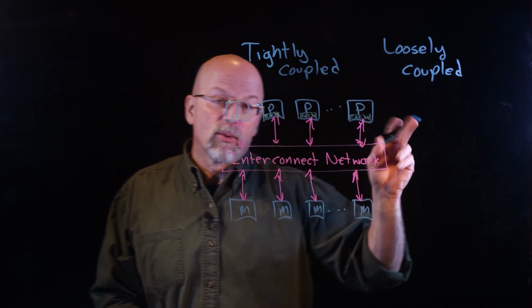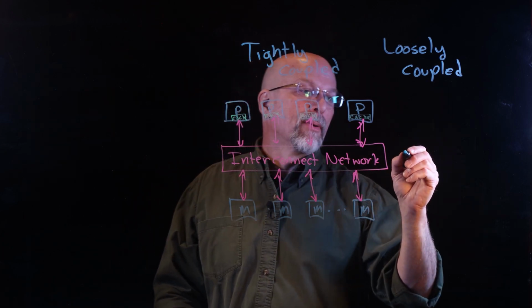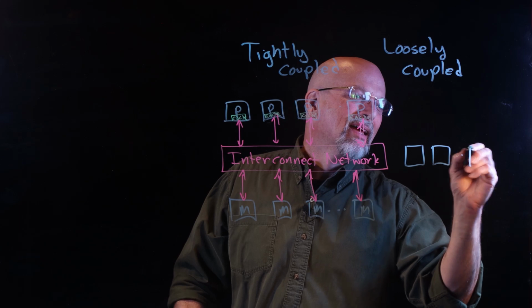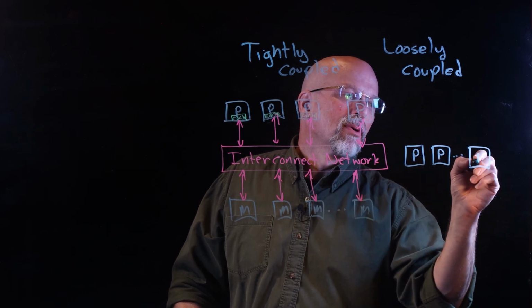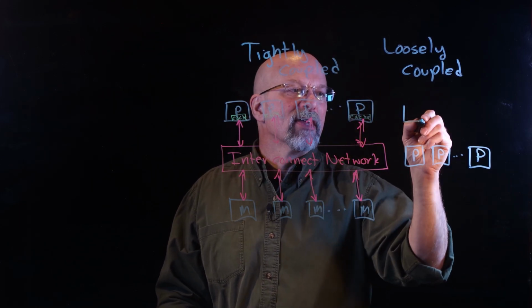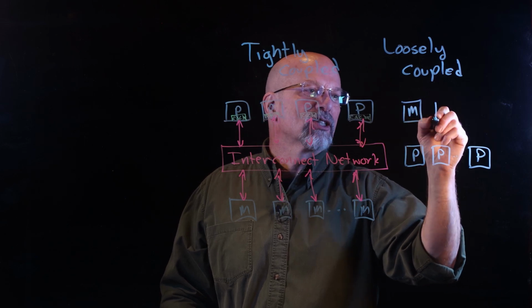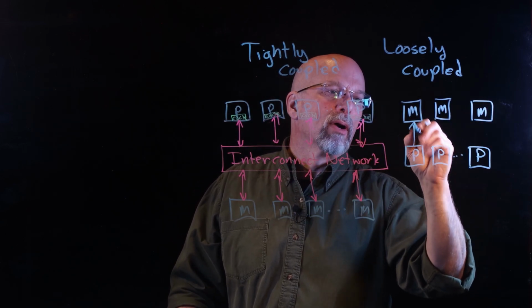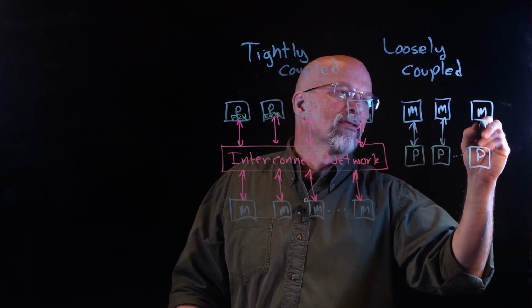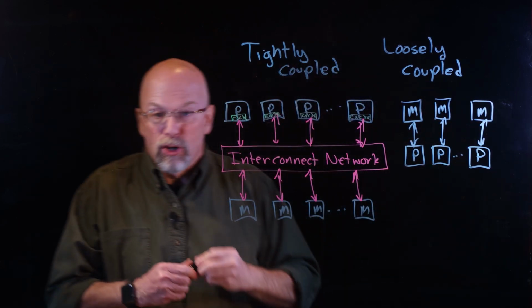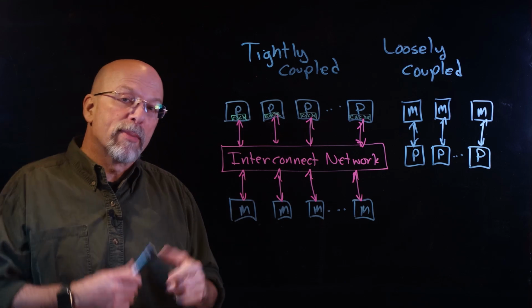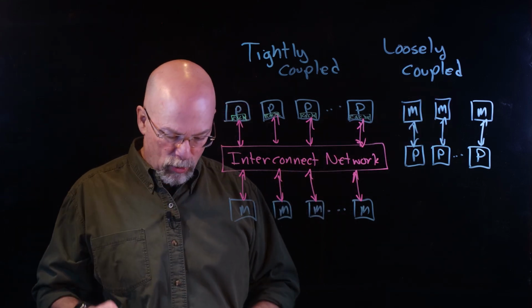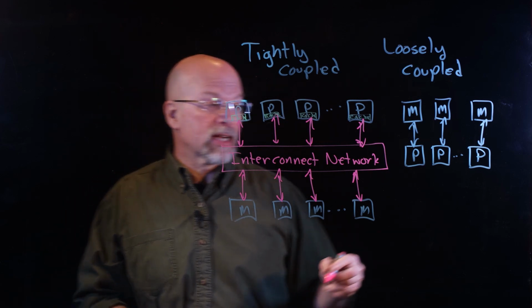Now, I didn't leave a whole lot of room over here to talk about loosely coupled, but let's just take the room we've got. What I've got is multiple processing units. Now, in this case, each processing unit has its own local memory, and most of its execution, if not all of its execution, in terms of memory requirements, comes from its own local memory. It doesn't have access to the other processors' memories. So, where's our interconnection network?